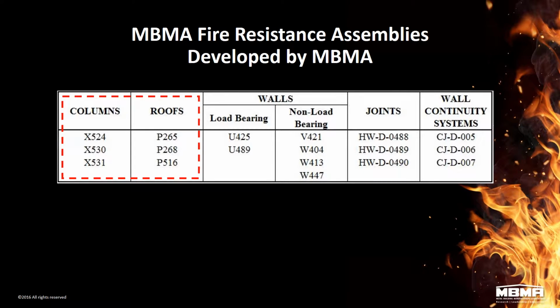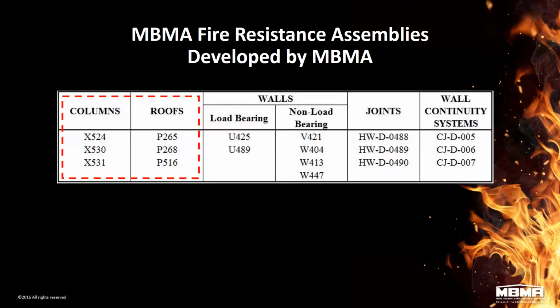So here are the assemblies that we will be focused on in this part 3: the columns X524, 530, 531. Again, recalling the information that I gave in an earlier presentation about the alphanumeric system, X, the alphabetical part, signifies columns, and then the 500 series means fire protection via gypsum board membrane enclosure.